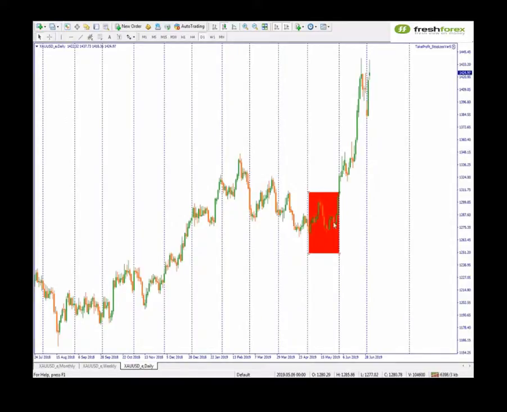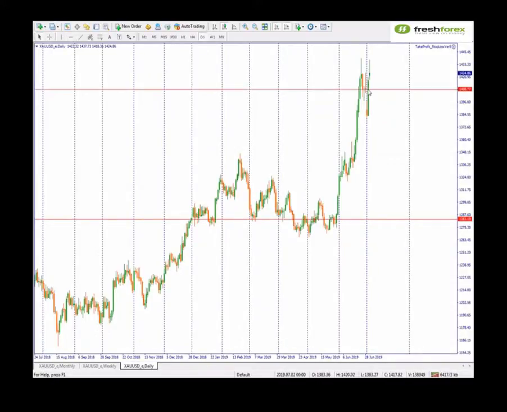The first thing you have to know is the opening price of the last 2 months. In May, what was the opening price? It was here. We opened here, and then last month we closed here. The highest price that we've seen so far is this one, and the lowest price is this one.